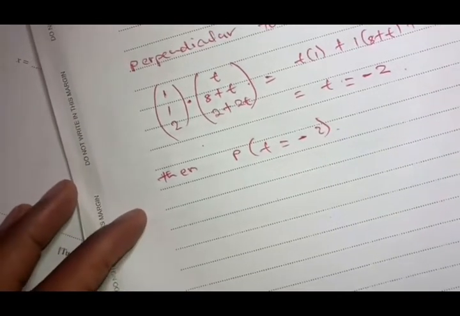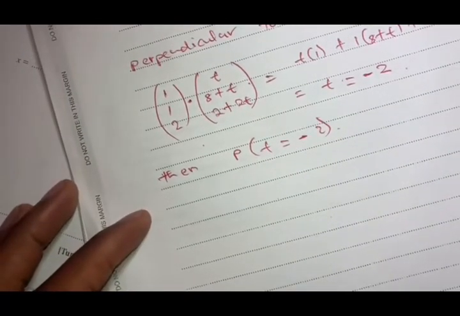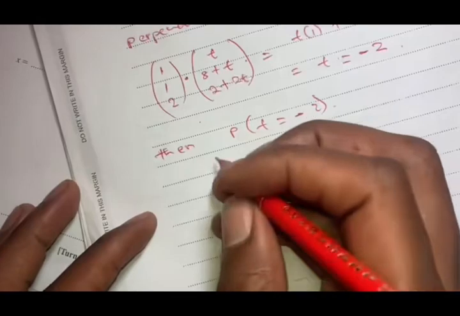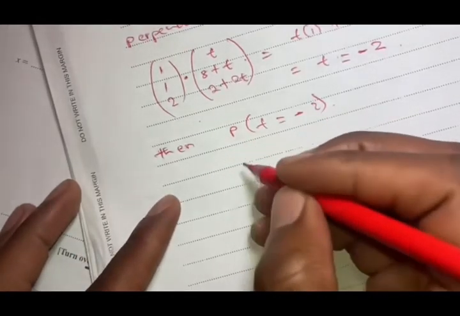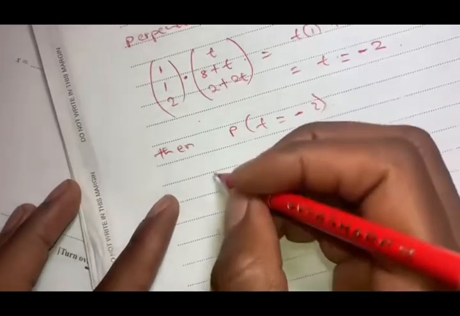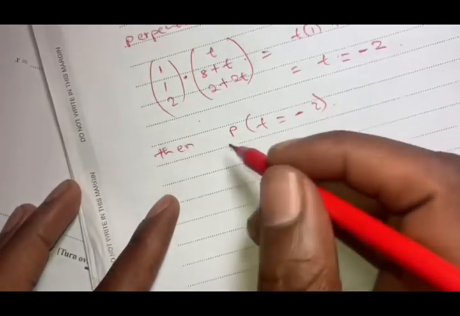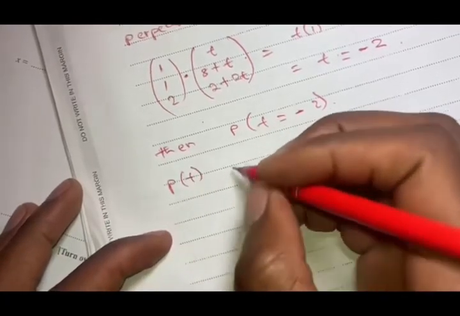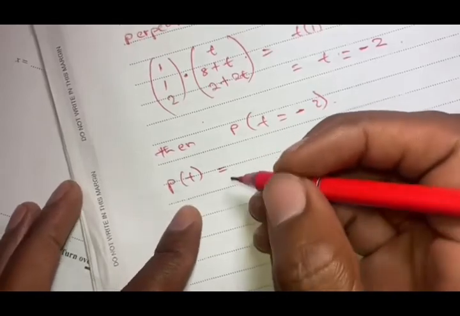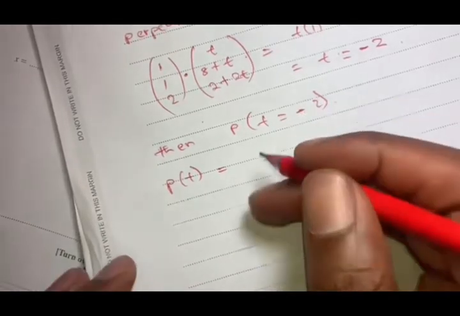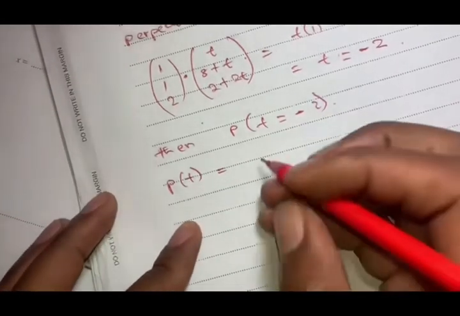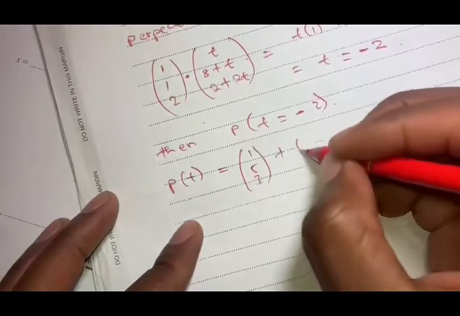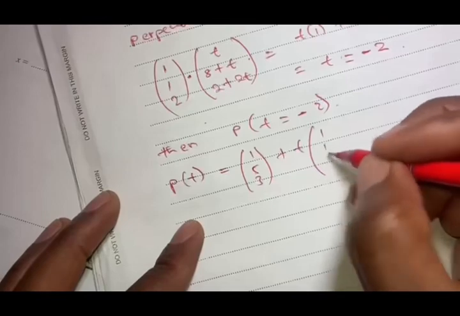So if you keep it like that, it would mean that, because we have the equation of the line, we assume that P was a point on the line lying in M. So P is 1, 5, 3 plus t times 1, 1, 2.